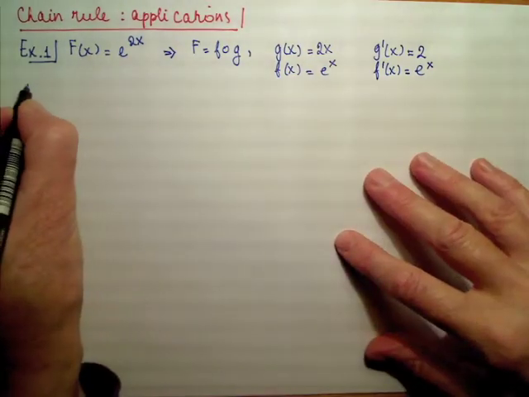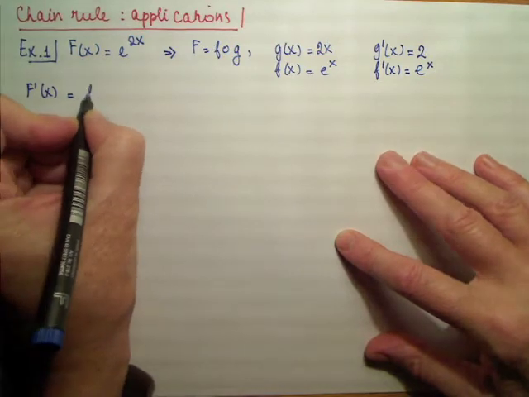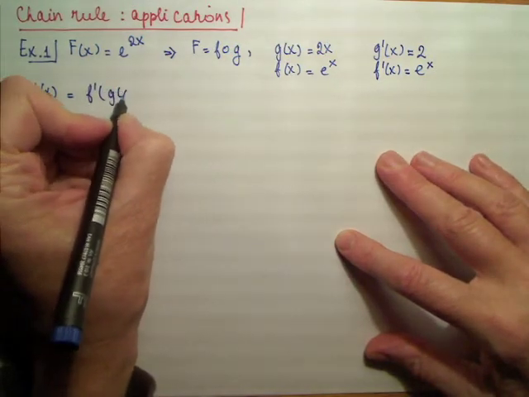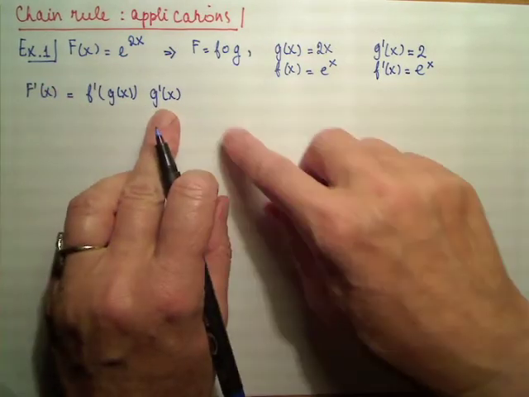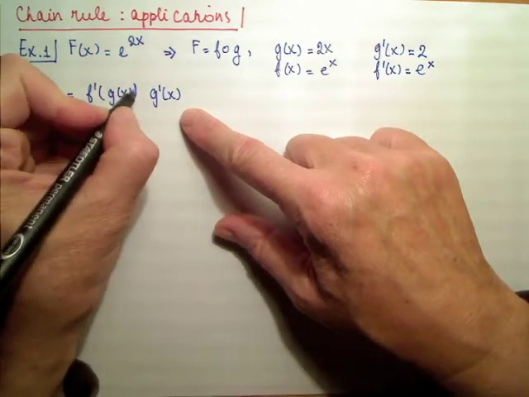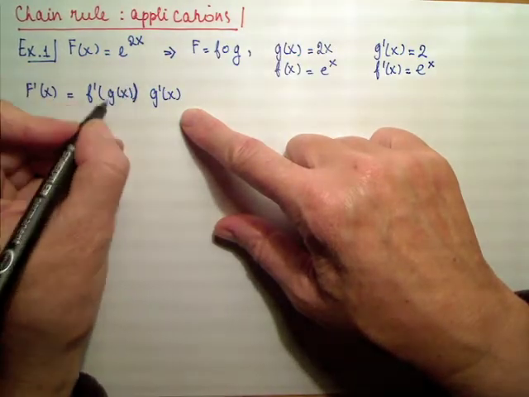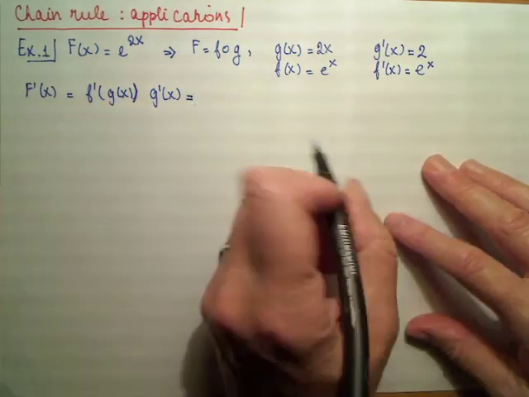The chain rule now immediately gives us the answer. What the derivative is, this is equal to first applying the derivative of g and then multiplying by the derivative of f, little f, evaluated at the point g of x. Now let us insert all these things.